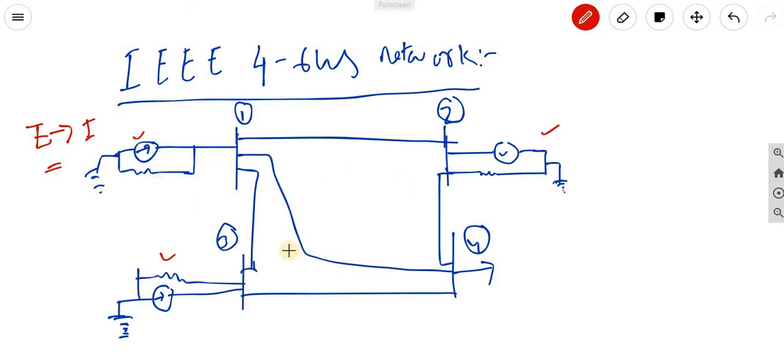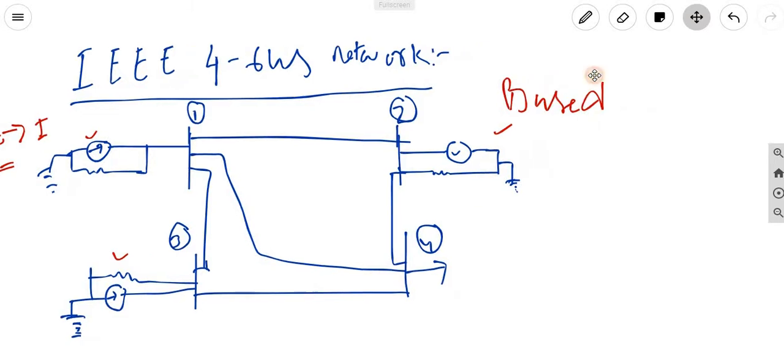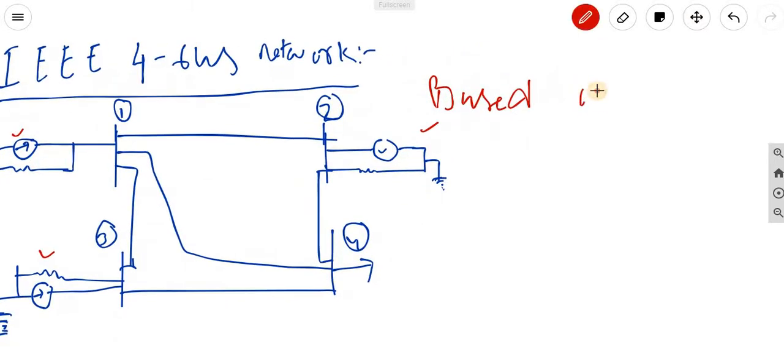In the singular transformation method, the approach is based on graph theory.